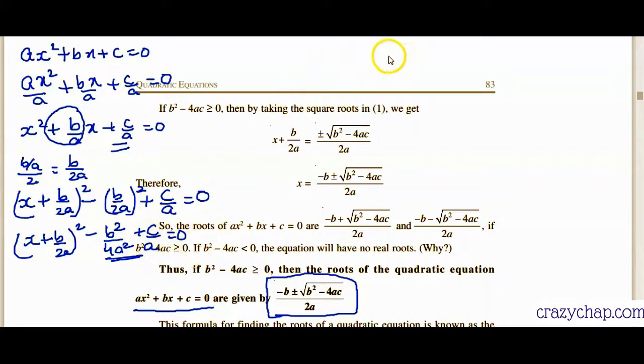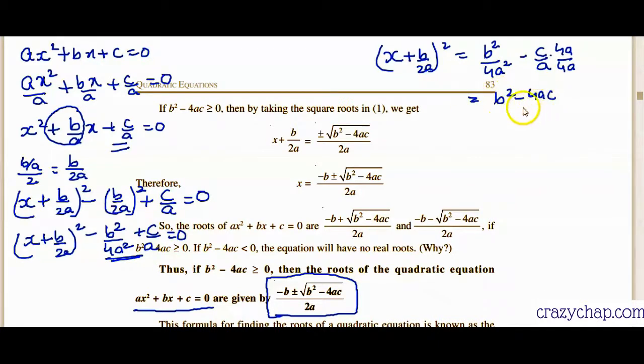See, we get x plus b over 2a whole square equal to b square over 4a square minus c over a, right? Now to make the same denominator, we'll have to multiply up and down by 4a so that we can subtract them, right? So we get b square minus 4ac all over 4a square.